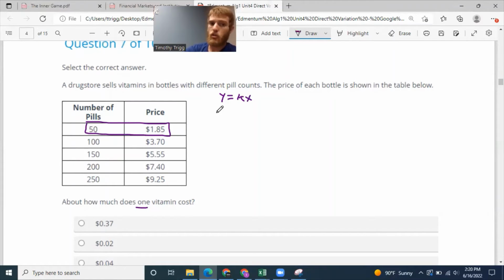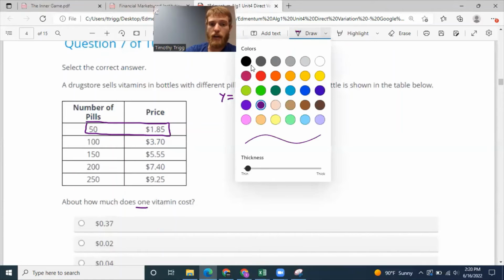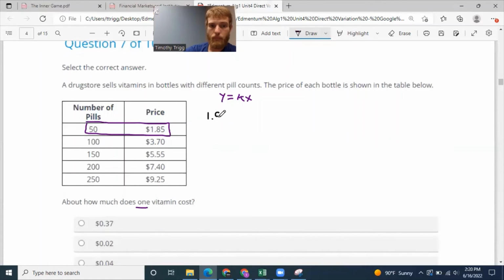All right, so let's go ahead and do that. So I'm going to replace the y with the y coordinate. So I'm going to replace y with $1.85. And replace the x with the x coordinate, in this case, 50. Let's go ahead and solve for k by dividing both sides of the equation by 50 in this case, giving us k by itself on the right.